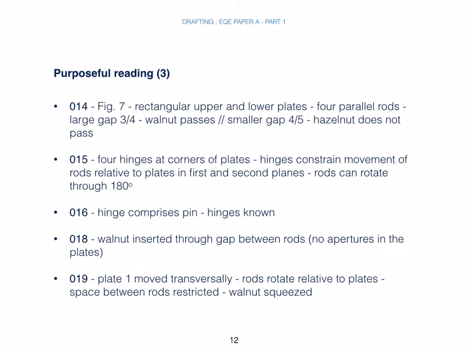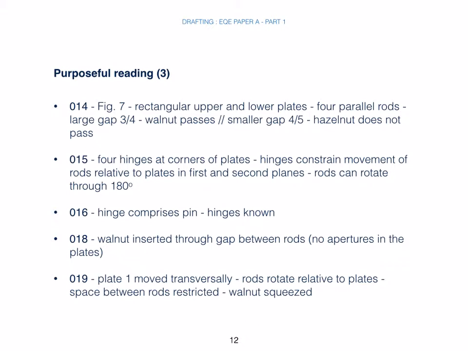Then we jump to the client's paragraph 16, which refers to figure 8, which you should have handy. By way of example, figure 8 shows a vertical cross-section of the hinge 23. The hinge 23 comprises a pin, which is fixed to the plate 2. The pin 10 passes through a hole in the lower end of the rod 3.